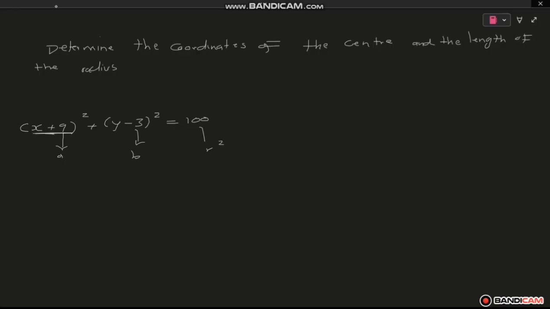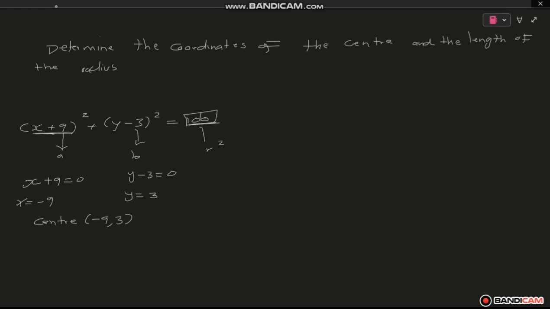They want us to take whatever is inside the bracket and equate it to 0, then solve for x. So x becomes negative 9, then y minus 3 equals 0, so y equals positive 3. Therefore the coordinates of the center are (negative 9; positive 3).